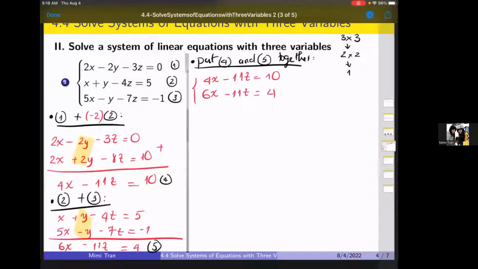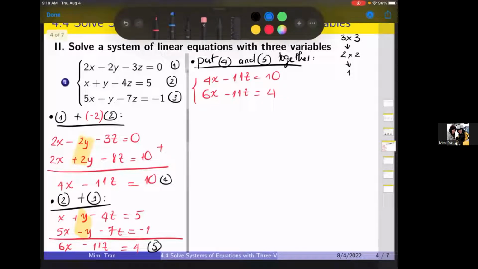I'm going to eliminate z. So I'm going to multiply the bottom one by -1. What do I have here? I rewrite the first one: 4x minus 11z equal 10. The bottom one is -6x plus 11z equal -4.